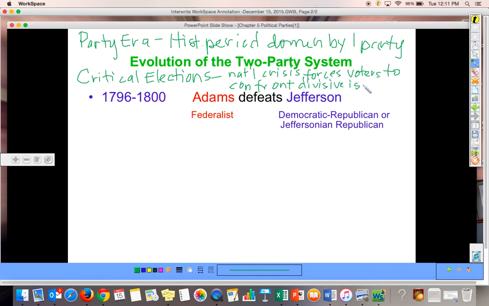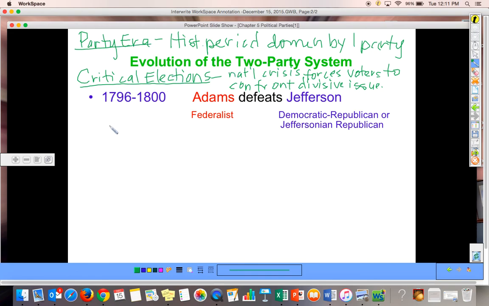For example, you will see slavery is going to tear the party apart, and different coalitions will form because of this, and it tends to lead to instability and new formations of party loyalty. So please make sure you understand a critical election is normally the dividing point in party eras.